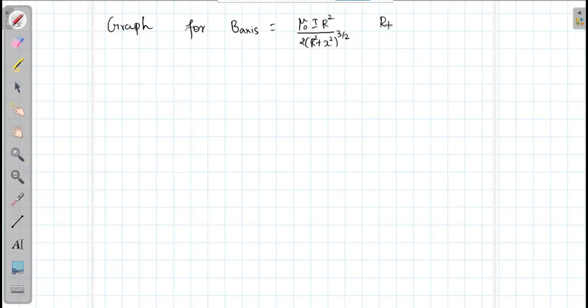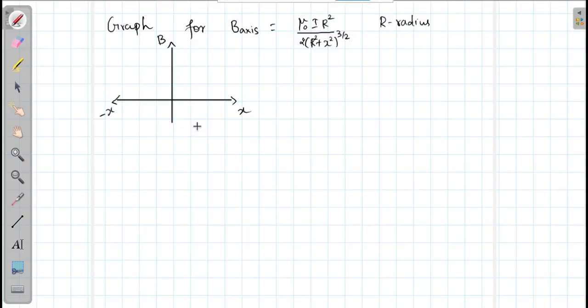Here r is the radius. Okay, the graph is between the distance x and B. You can go for both distances, x and minus x.